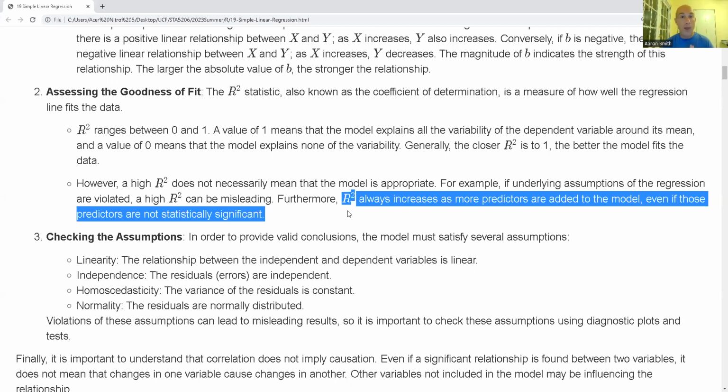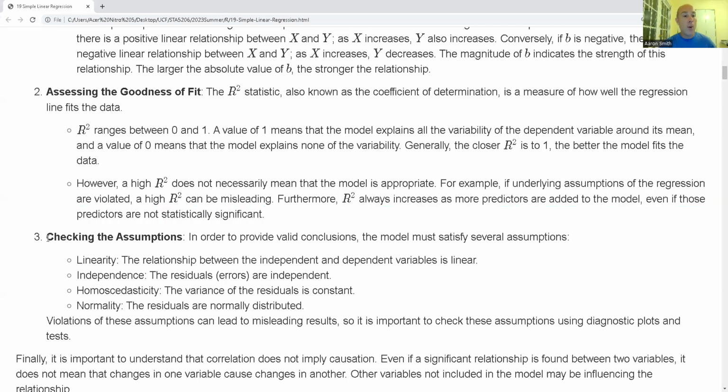It works out that mathematically, if I start taking additional data and just keep on throwing it into a regression model for multiple linear regression, my R-squared will always increase. I could be throwing in junk variables and increase my R-squared. So this is a problem. Mathematically, we have to watch out for this. So we always have to basically avoid the garbage in, garbage out when we do our modeling.